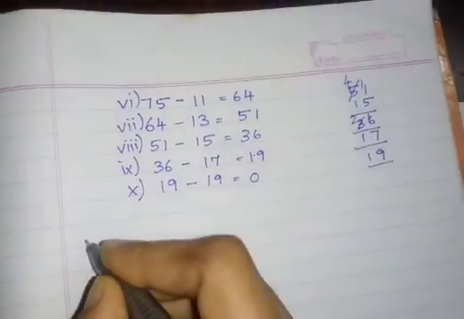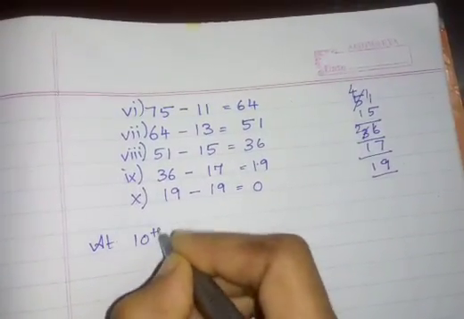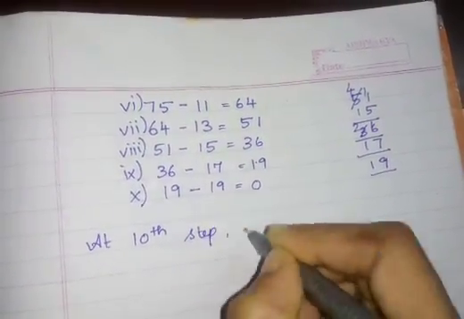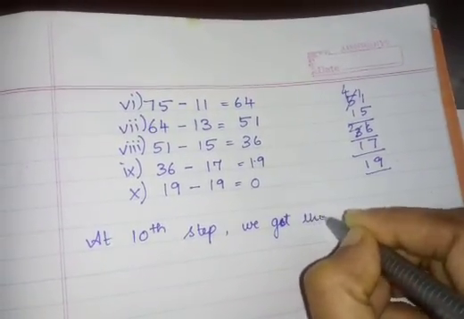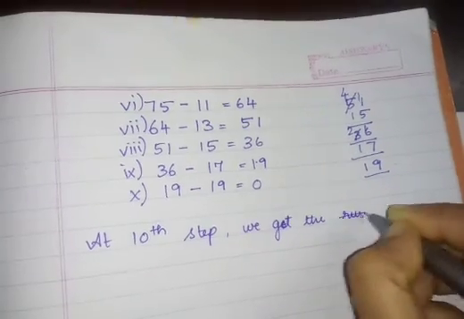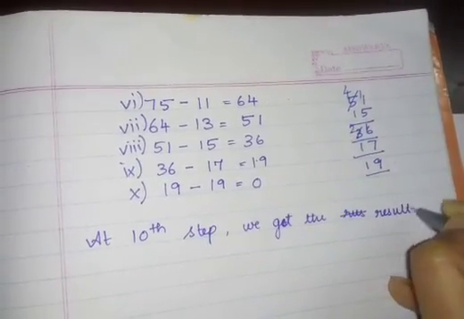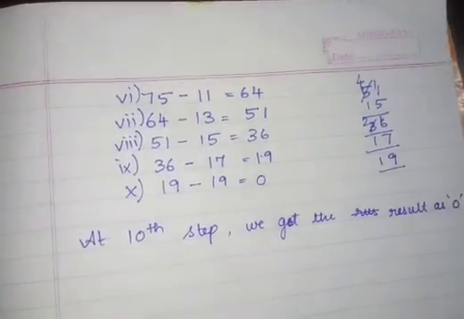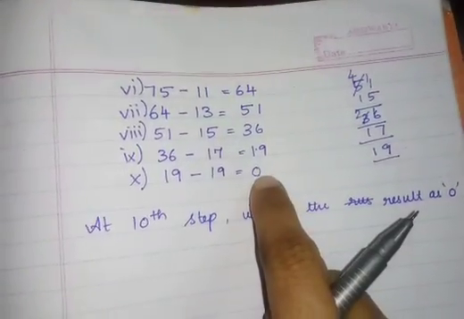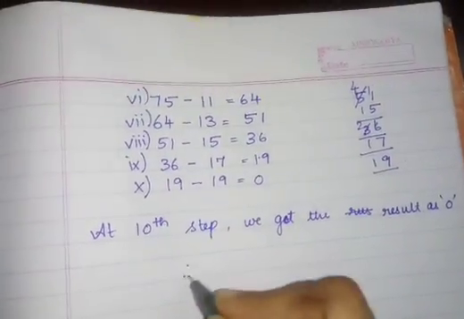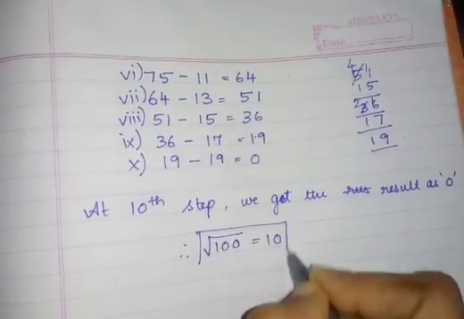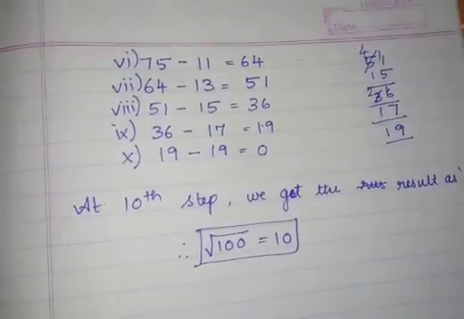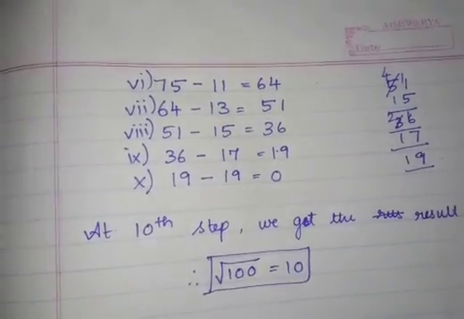So at the 10th step we got the result as 0. Therefore, the square root of 100 is 10. Understood?